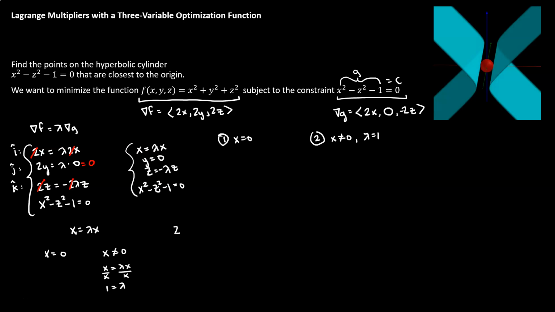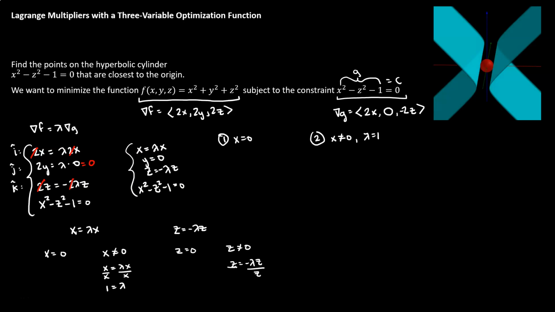The next equation, z equals negative lambda z. We have two possibilities. Either z equals 0 or it does not. If z equals 0, the equation is satisfied. If z does not equal 0, then we can do the same thing we did in the x equation.